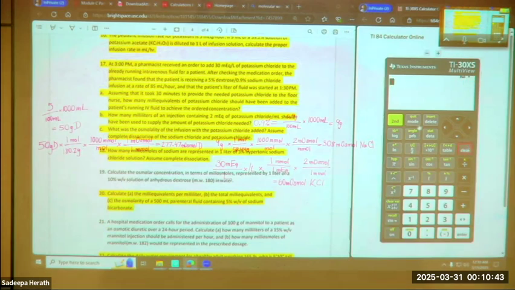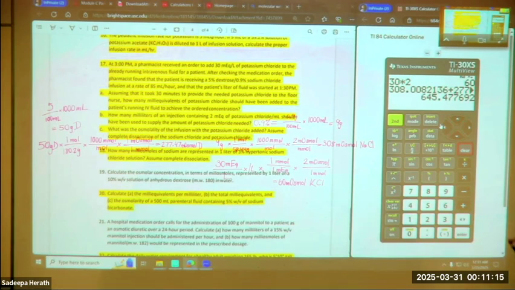So let's see. There is 308 milliosmoles plus 277, or we can use the actual amounts, right? This plus this plus 60. 645.